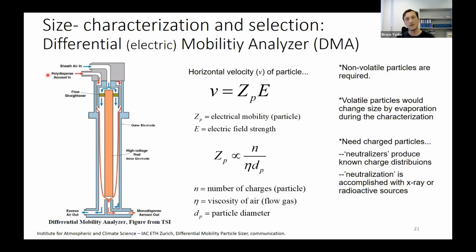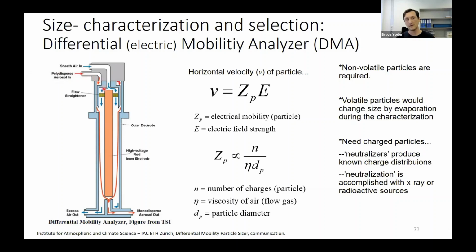A laminar flow of neutralized, or charged, sounds funny, polydispersed aerosol enters a cylinder with a rod in the center. A voltage is applied on this rod, and an electric field is generated between the cylinder wall and the rod.